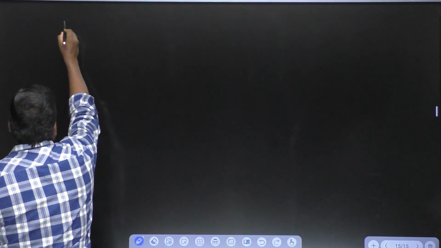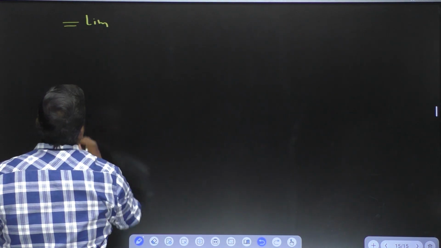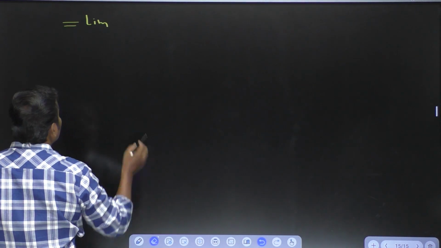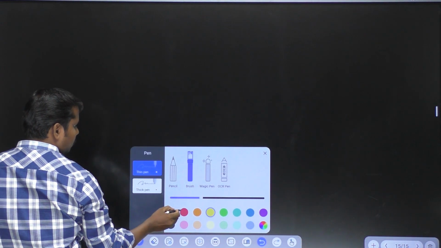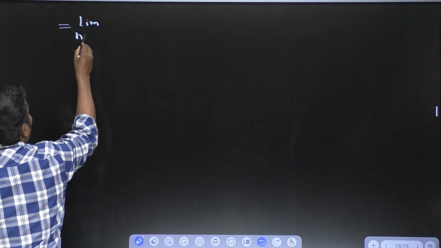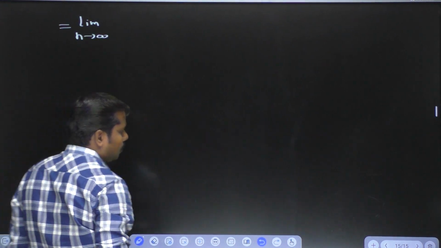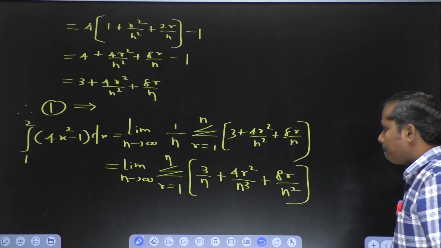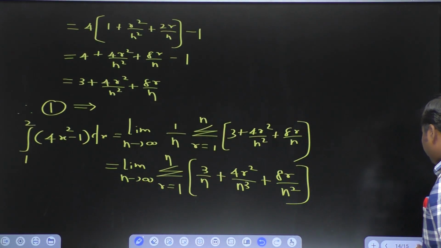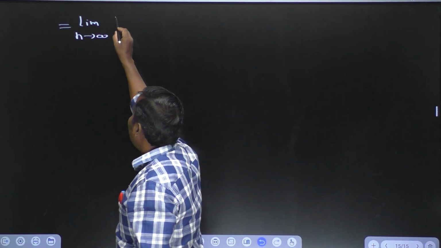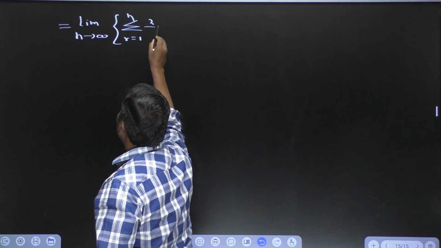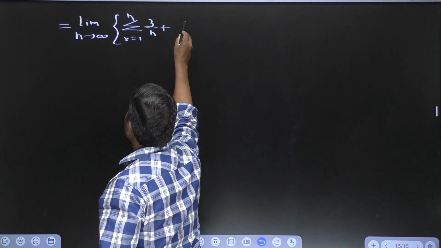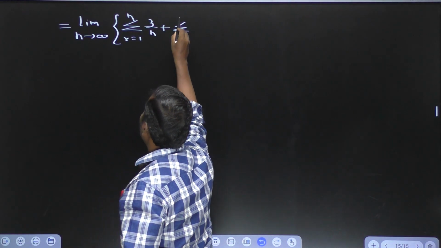So limit n tending to infinity, apply the summation. 3 by n, summation r equal to 1 to n of 3 by n, plus summation r equal to 1 to n.